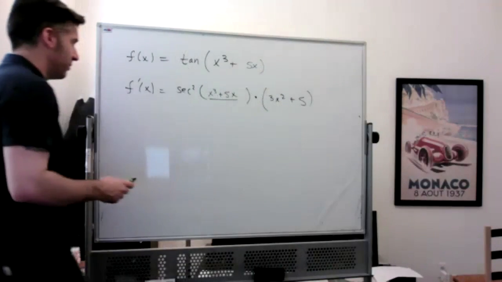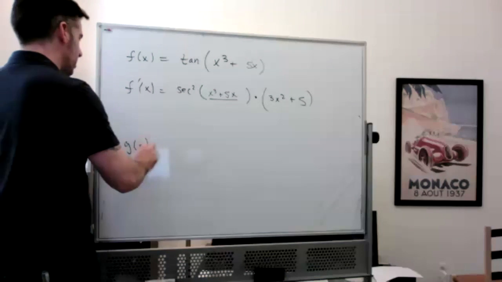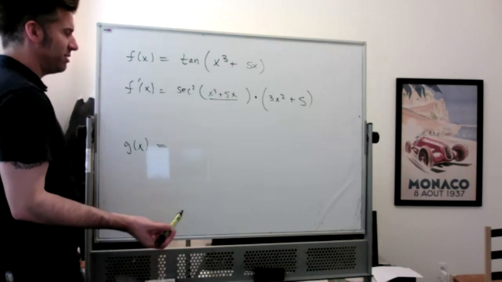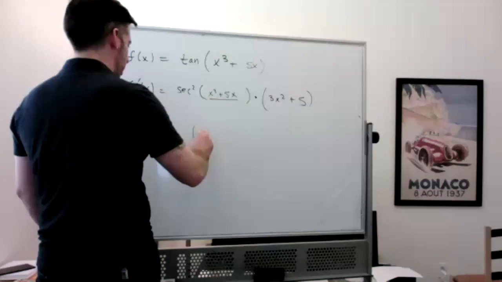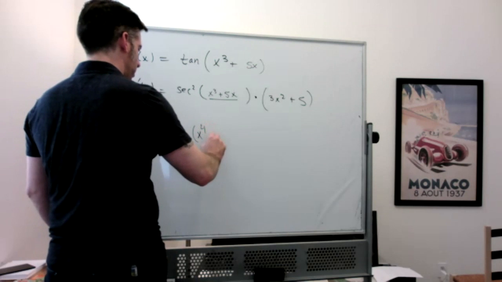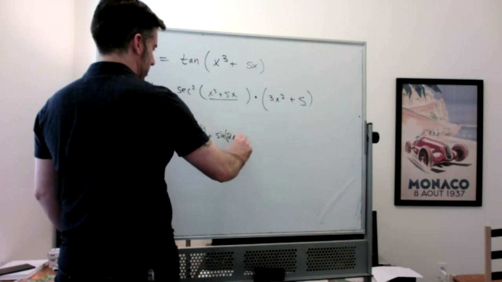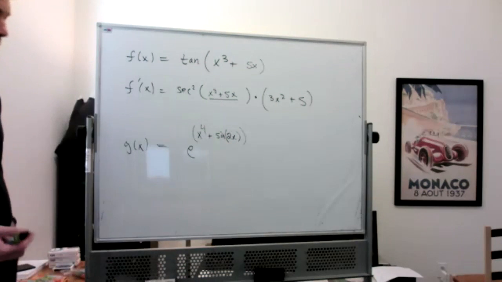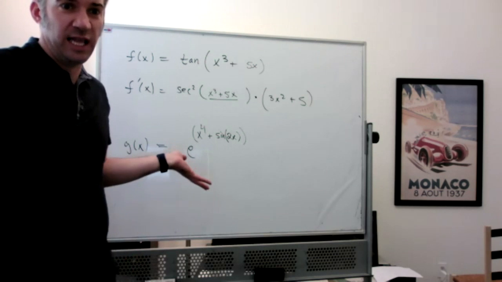Or what if we had something like g of x equal to, let's do one of those. Let's do e to the x to the fourth plus sine of 2x. So we haven't done an e one before, but that's okay. So what's the derivative of e to the x? Oh, it's e to the x.